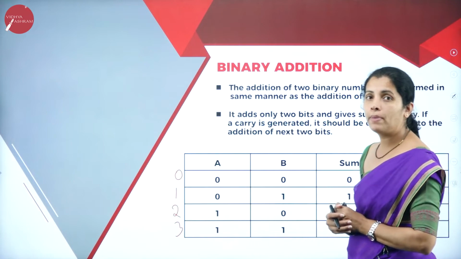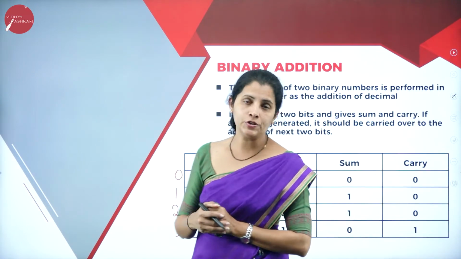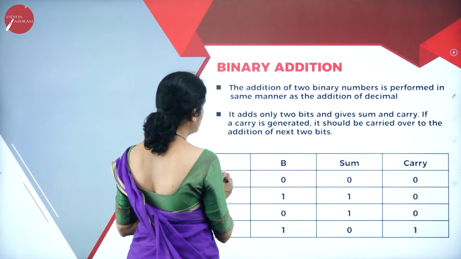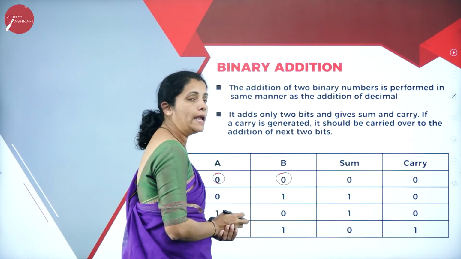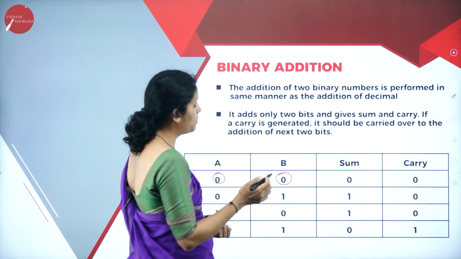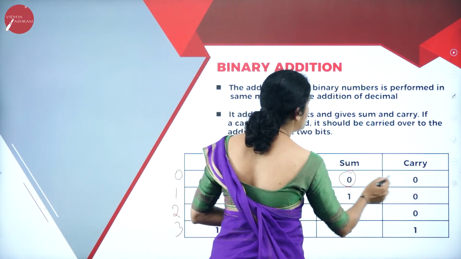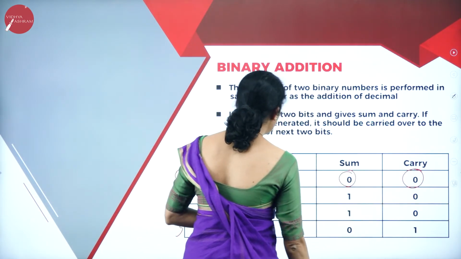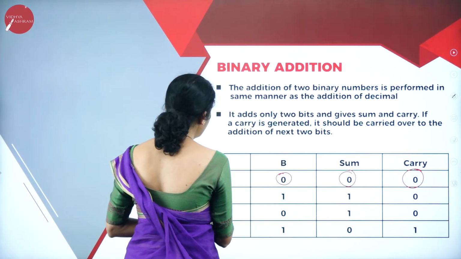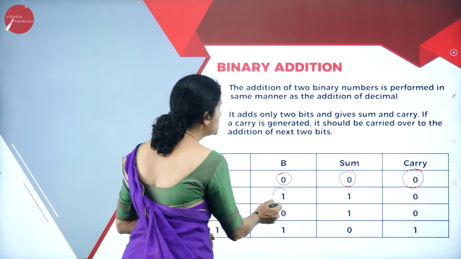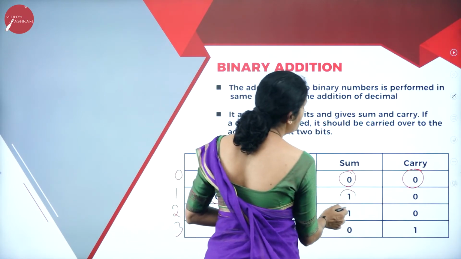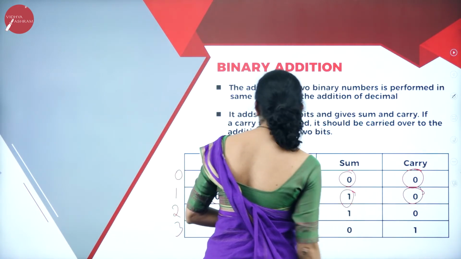Now I am going to apply the addition operation. At the beginning I have 0 and 0. When I add 0 with 0, I get the sum 0 and the carry 0. If I take another case, 0 plus 1, I get the sum 1 and carry 0.